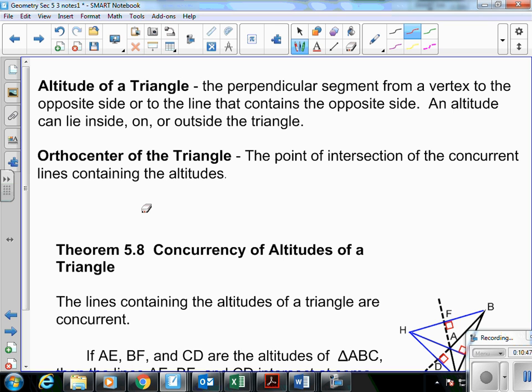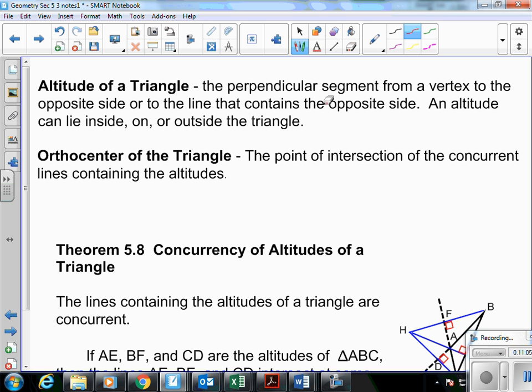All right, so now another segment that we can look at in a triangle called the altitude of a triangle. It's a perpendicular segment from a vertex to the opposite side or to the line that contains the opposite side. An altitude can lie inside, on, or outside the triangle.